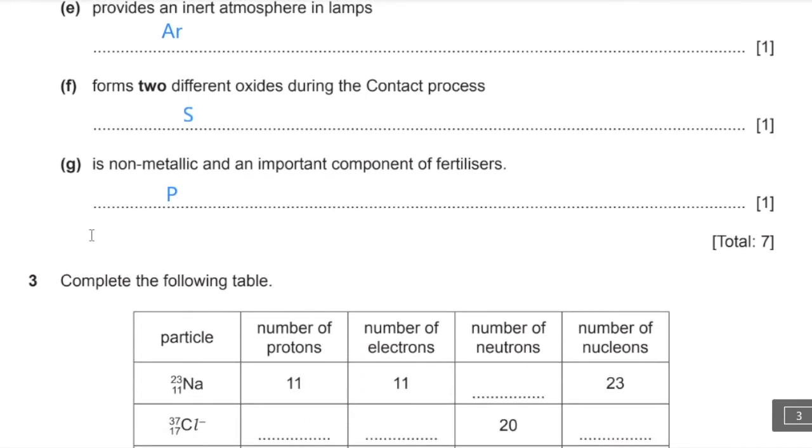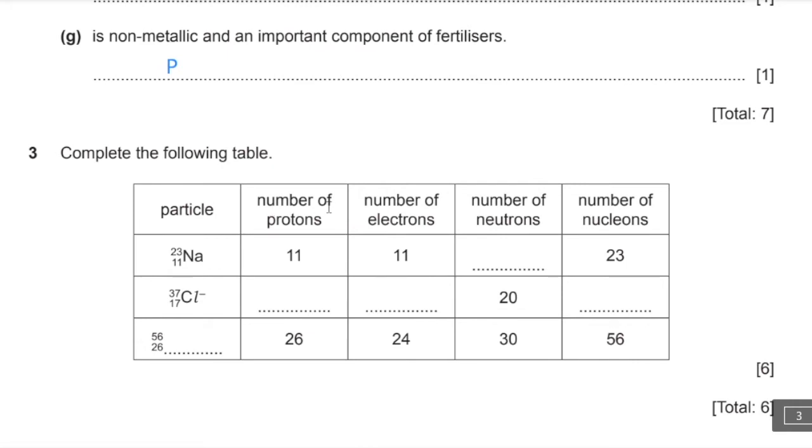3. Complete the following table. Right, so we have protons, electrons, neutrons, and the symbol. The number of neutrons is the mass number minus the atomic number. So for sodium, that is 23 minus 11, which is 12. And then we have the chloride ion.